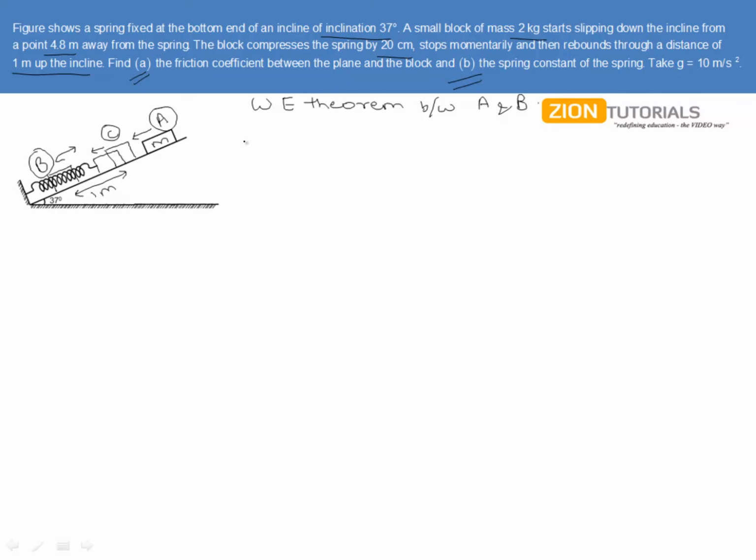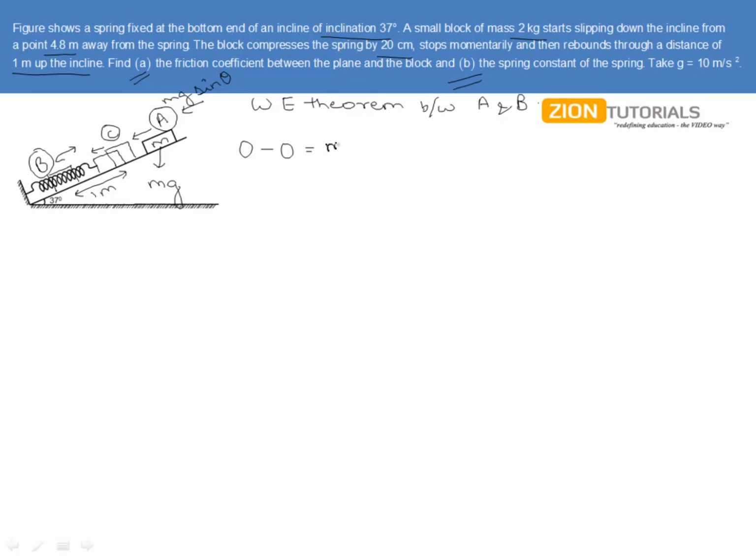Now here we get the final kinetic energy minus initial kinetic energy equal to the work done. Now we all know that mg will be the force in the downward direction, so it will be mg sine theta along the wedge in the downward direction.